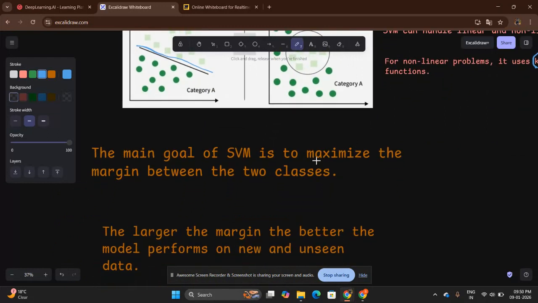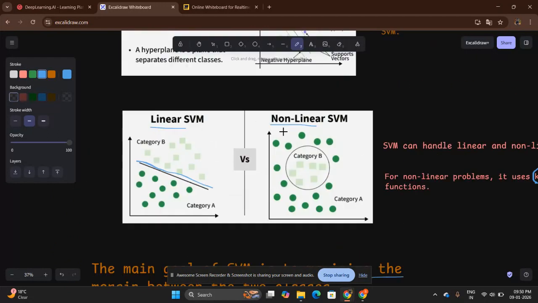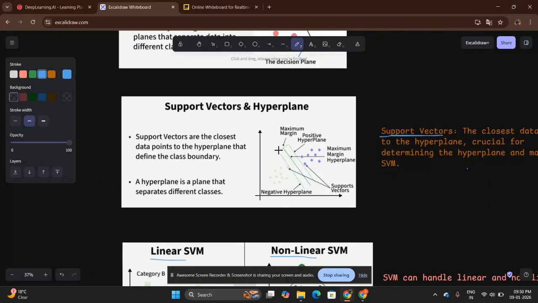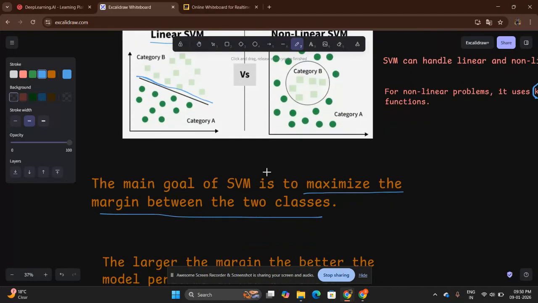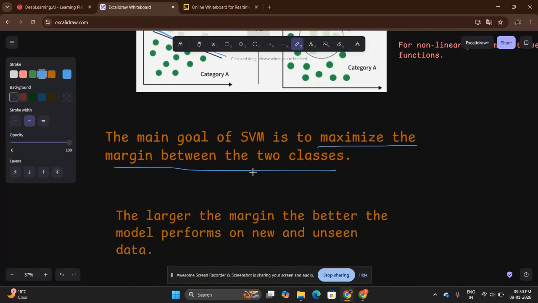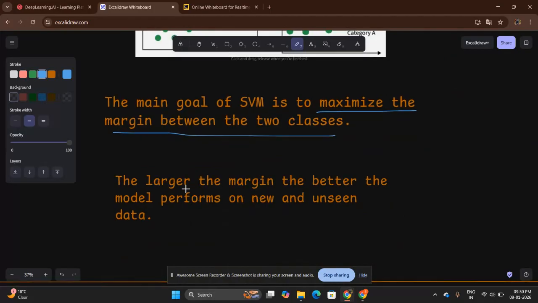Here is the main goal, which is to maximize the margin between two different classes. Maximizing this margin, this distance should be the maximum, so that different categories can be classified. And a larger margin is better for the model performance.